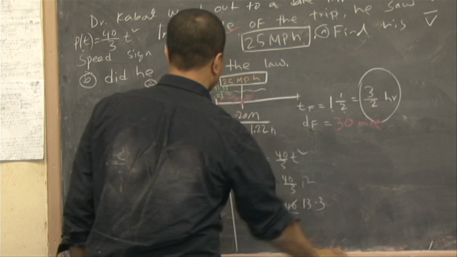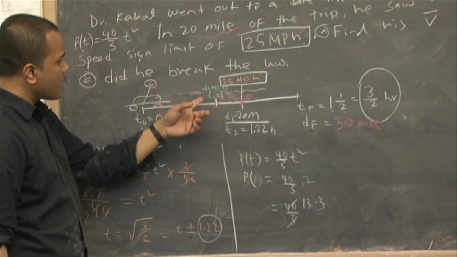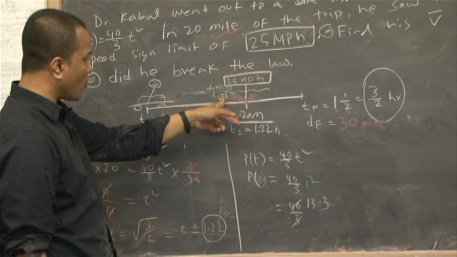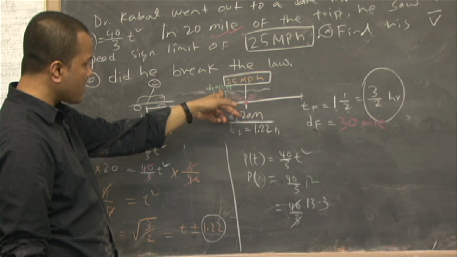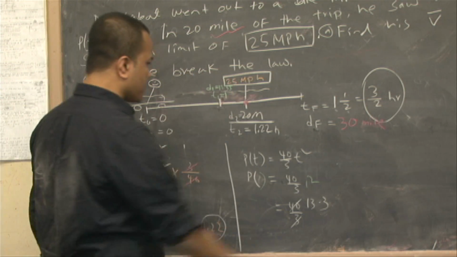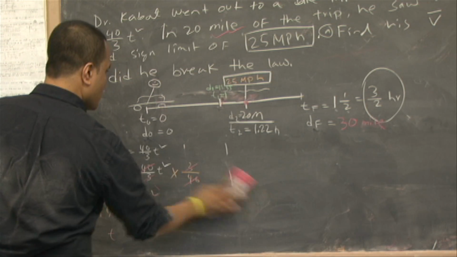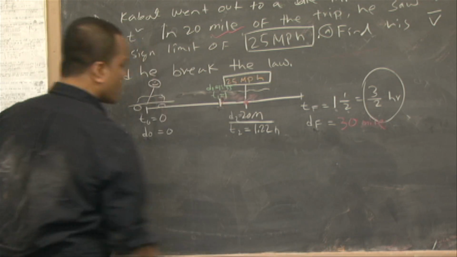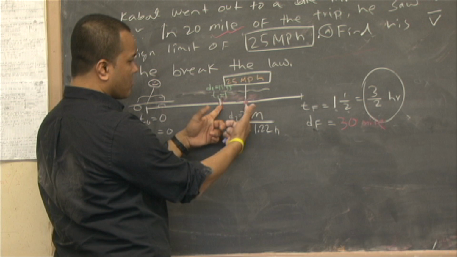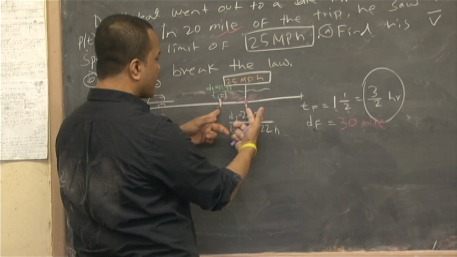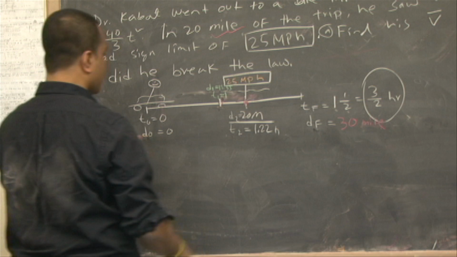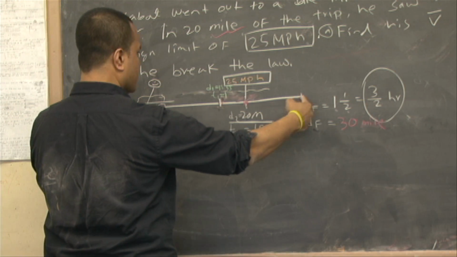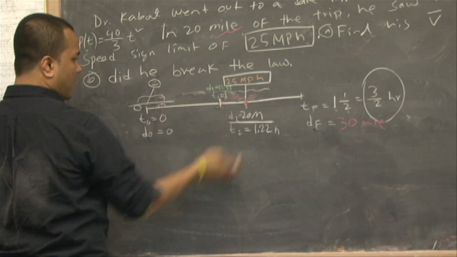So that's how far he came after 1 hour. It took him 1 hour to come 13 and a little bit more miles. We're going to use this information to see what he was doing in this interval, because it is better than finding what he was doing over the whole interval, since this is very close to 20 miles.